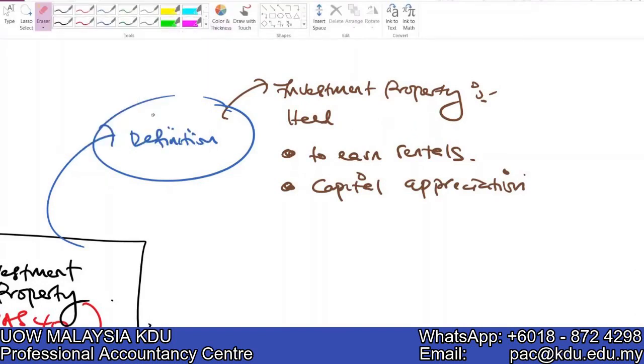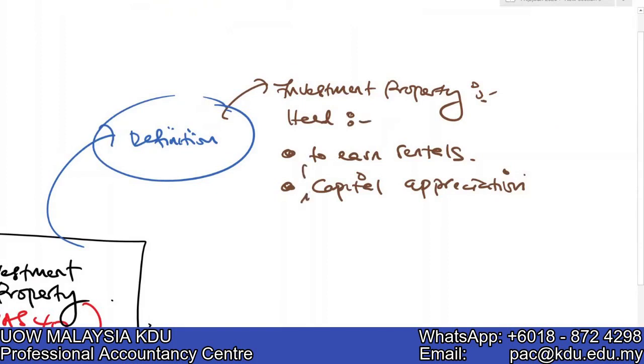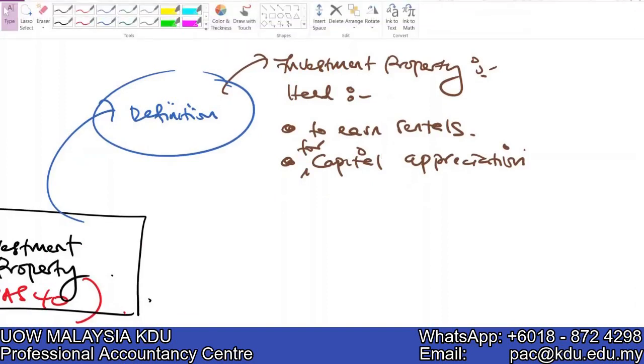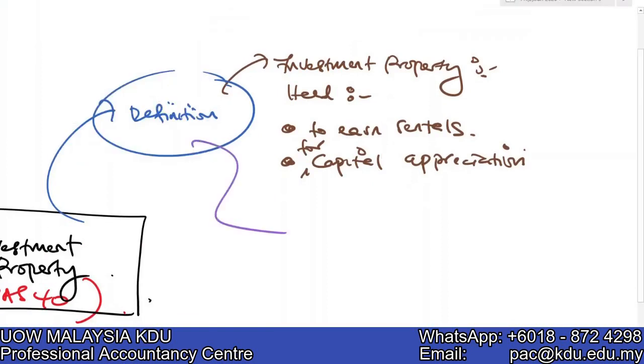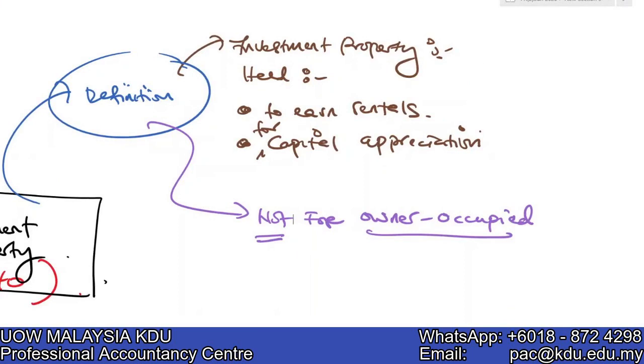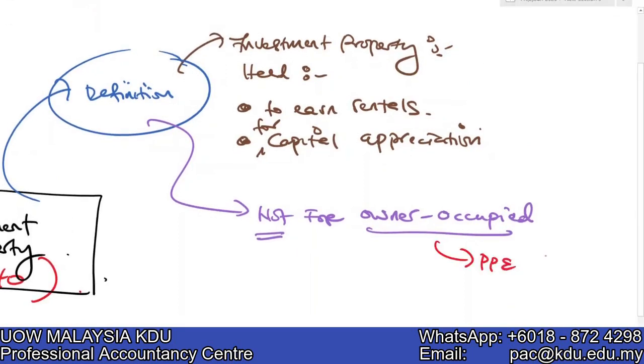For capital appreciation, also investment property. Meaning, investment property, they are not for own use, not for owner occupied. If it's for own use, owner occupied property, they will be your PPE, IAS 16.